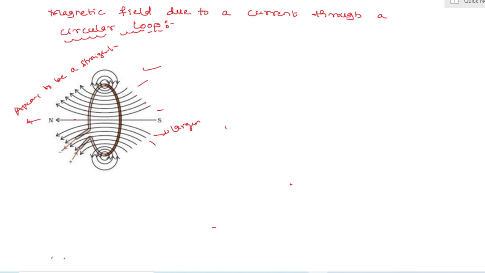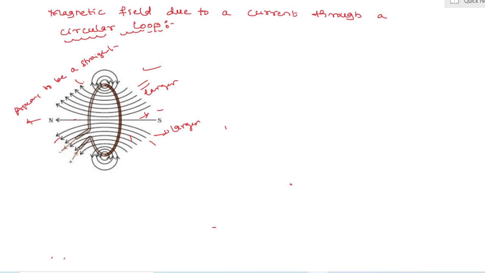Again, at every point of a current carrying circular loop, the magnetic field is in the form of concentric circles. As we move away from it, the circles become larger and larger. When we reach the center, it appears to be a straight line. Yes, it is the magnetic field due to a current through a circular loop.